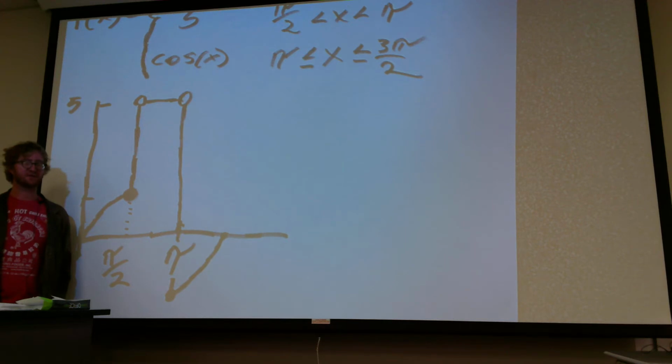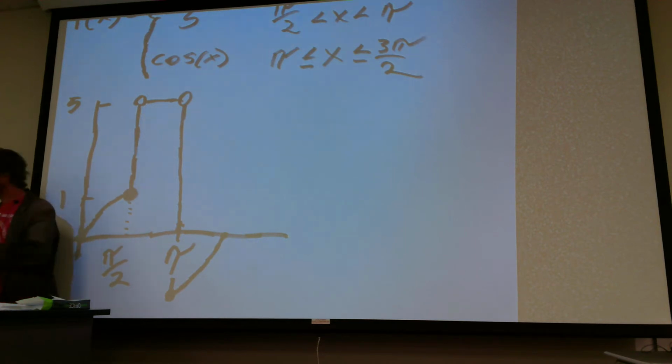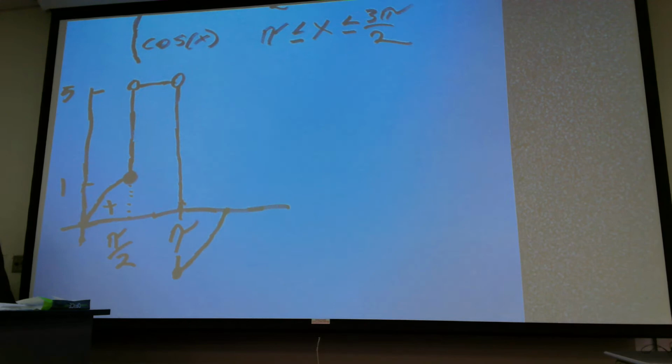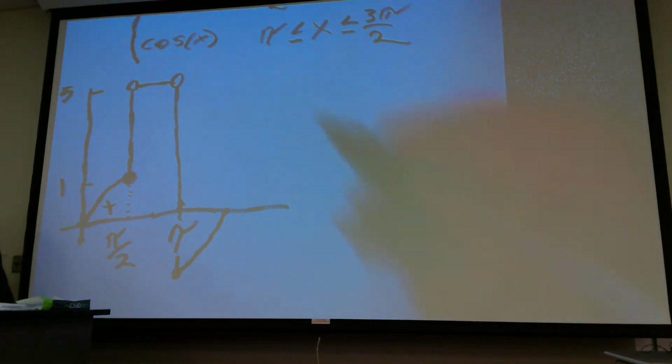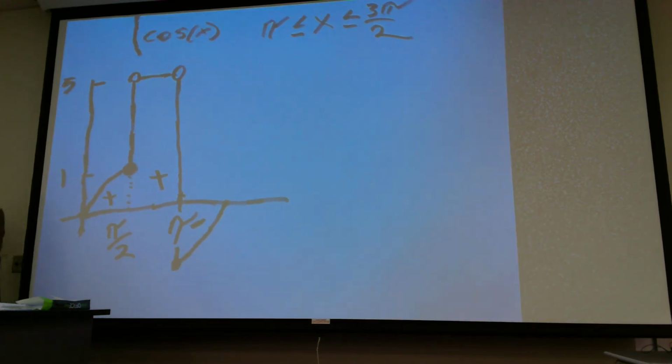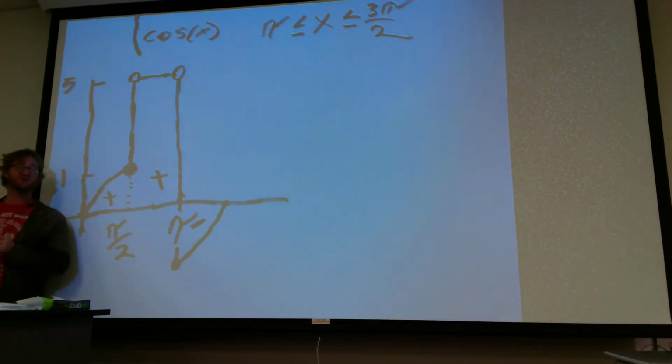My total displacement is 0 because I just walk forwards and backwards. So when you integrate this thing, you're going to get a positive area that's going to be associated with that one, and a positive area that is going to be associated with that one, but you're going to have a negative area that is going to be associated with that one.